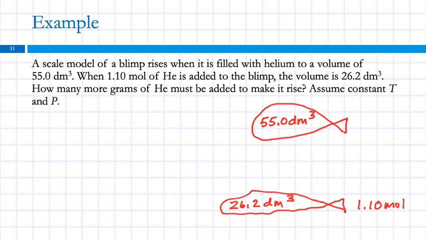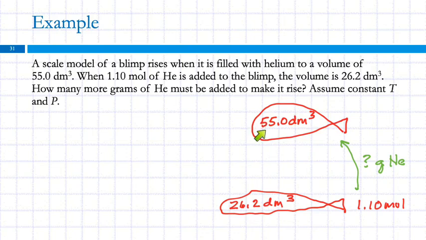So what we're looking for is from here to here, how many grams of helium do we have to put in? It's kind of funny to think about. The balloon is on the ground, and by putting more stuff into it, you can make it go up. Yeah, that doesn't happen with liquids and solids.